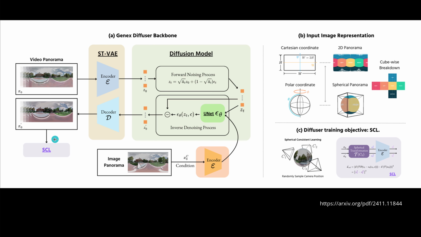But they have a speciality, because if we are working in multiple coordinate systems and generating multiple views of the same scenery, we have to make sure that there is a spherical consistent learning methodology. It must look the same from all the different angles.